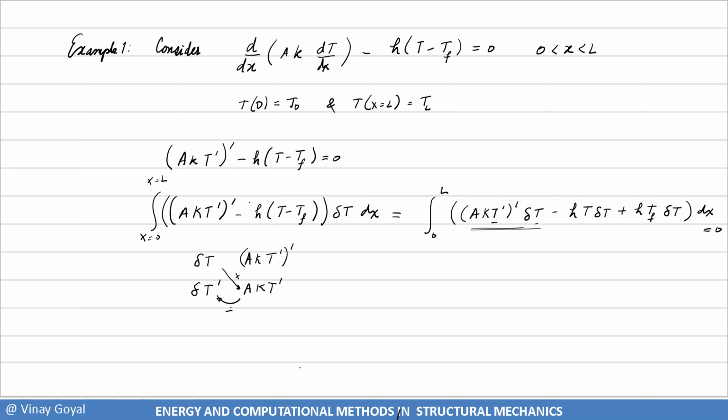Now I can write this as 0 to L, like that. Nothing else needs to be done here.